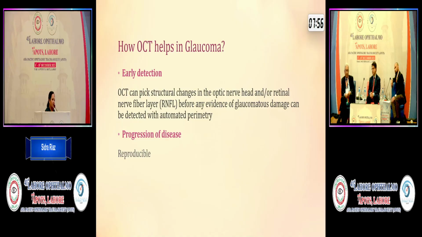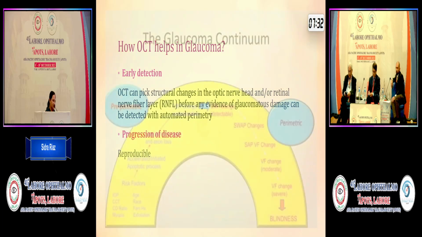These are excellent for those patients in whom you suspect glaucoma and there is no decreased vision noted at that time. So OCT will pick up those patients who are in pre-perimetric glaucoma, who have not developed visual field defects at the time of presentation.